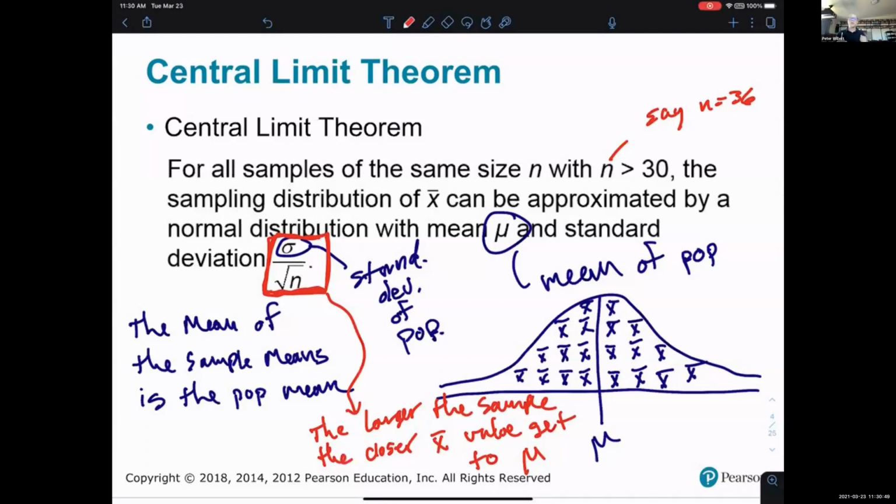Well, now instead of just looking at an individual and saying how close are they likely to be to 5'7", and 95% of people are between 5'1" and 6'1", what if instead I took a sample of 100 people and I looked at the mean height of those 100 people? Well, the mean height of 100 people is much more likely to be close to the 5'7" average height of the population than an individual's would be.